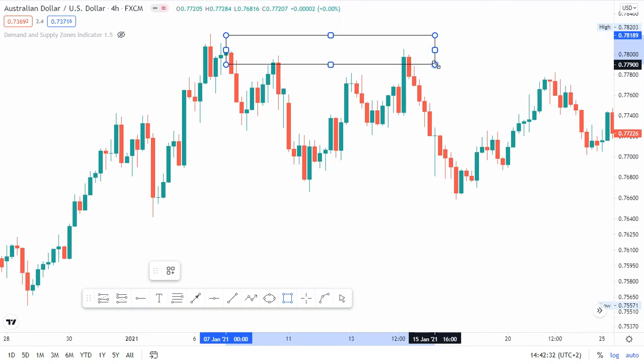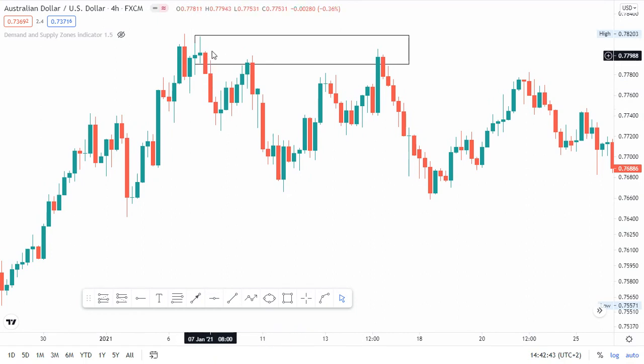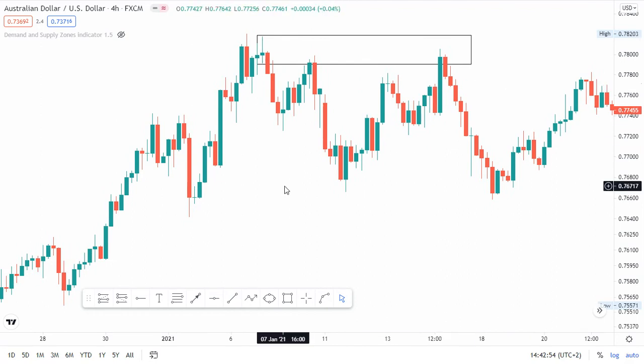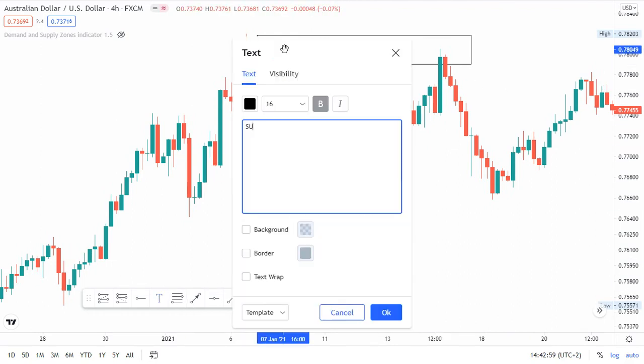You can either choose to cover the whole consolidation or cover the last bullish candle before price dropped. My last bullish candle before the drop was this one here, right? And price dropped. So easily you're going to have two trades right here. Simple. So this was a supply zone.